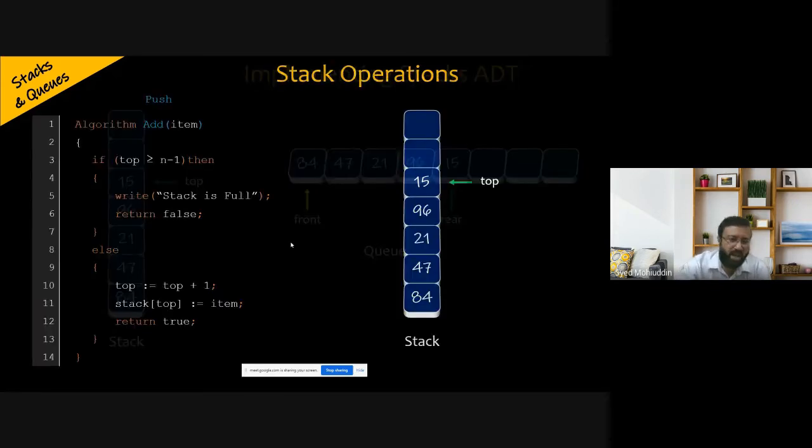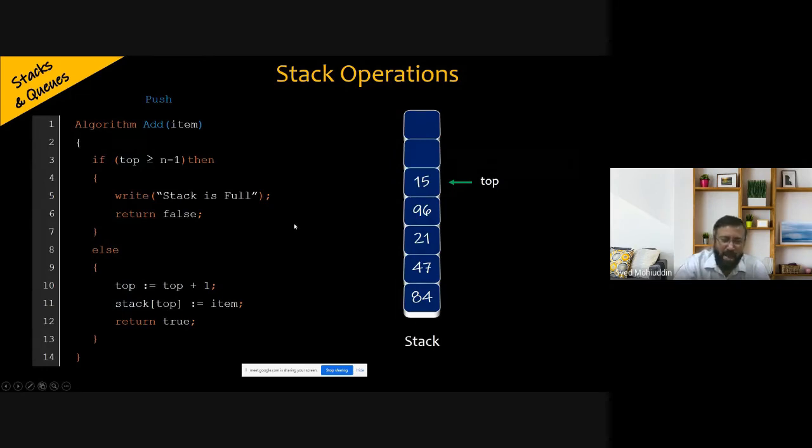Now let us quickly look at the algorithm, the stack operations, which are defined in terms of pseudocode. That's what we call an algorithm.